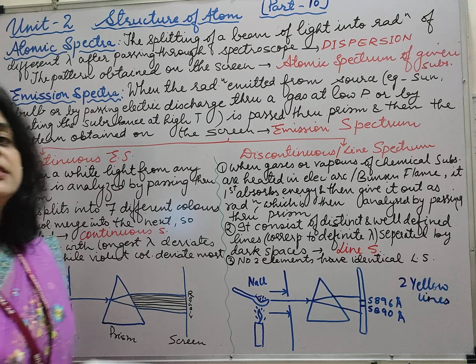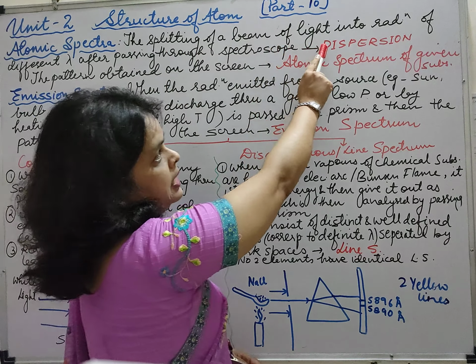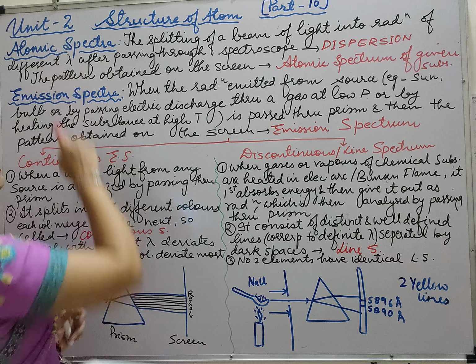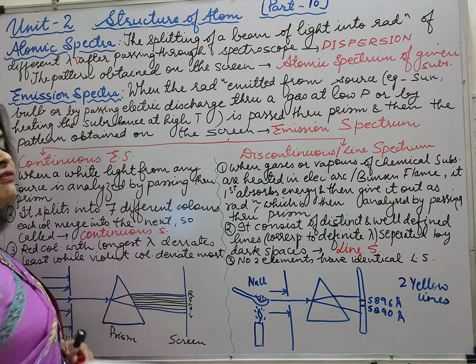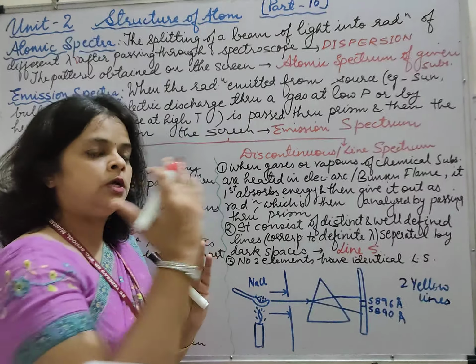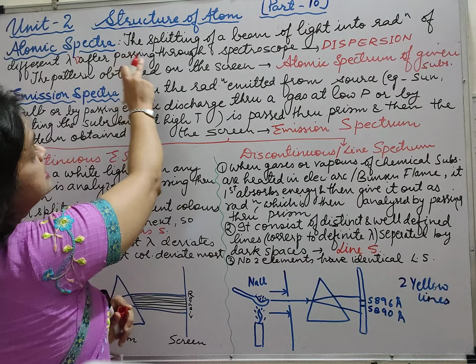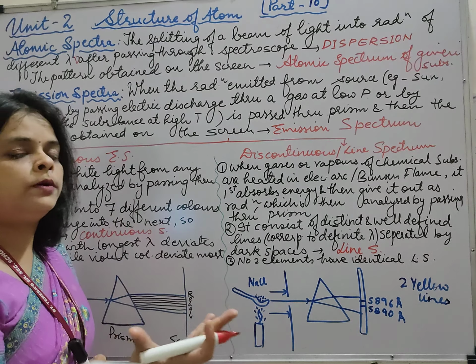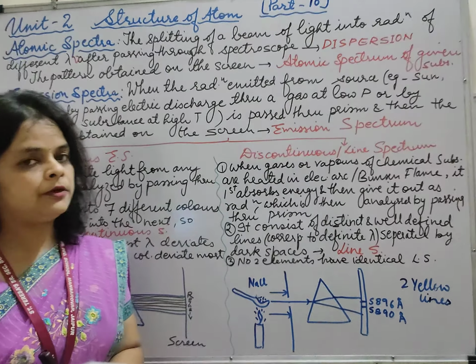What is atomic spectra? It is the splitting of a beam of light into radiations of different wavelength or frequency. Radiations of different wavelength and frequency get split when white light passes through a spectroscope. Inside the spectroscope you can take a prism or a diffraction grating.